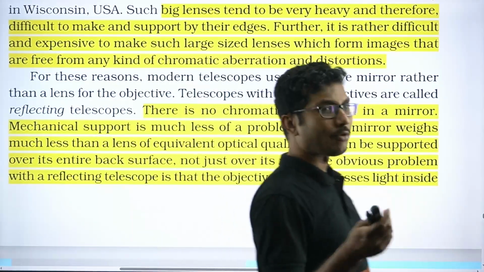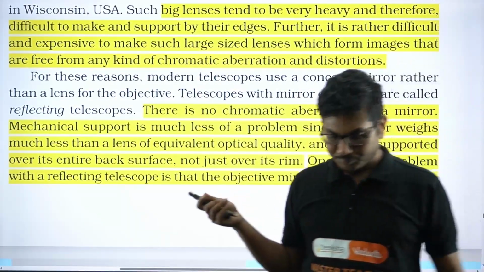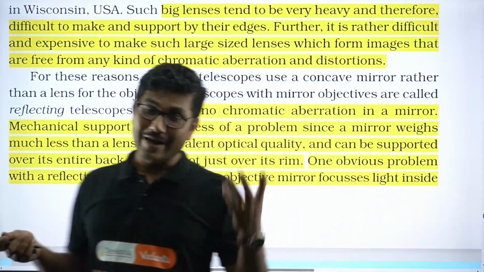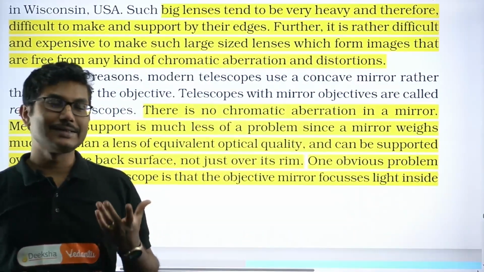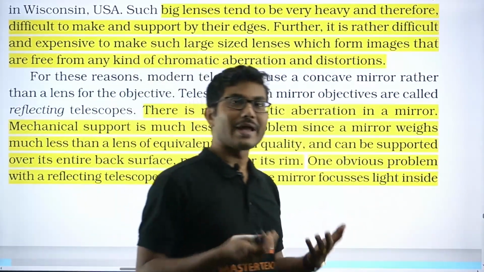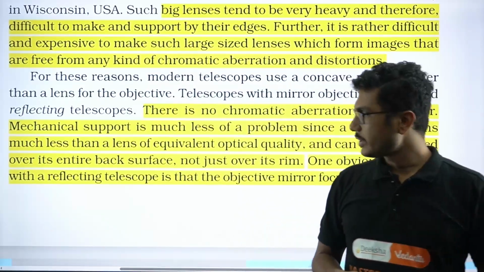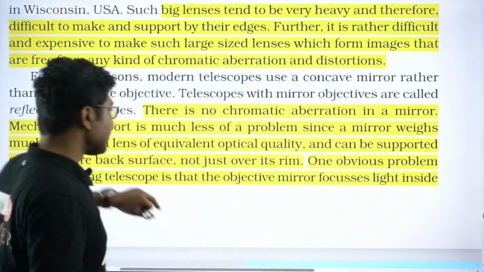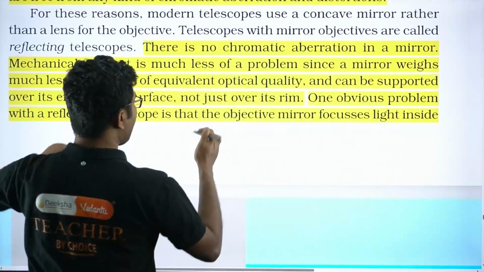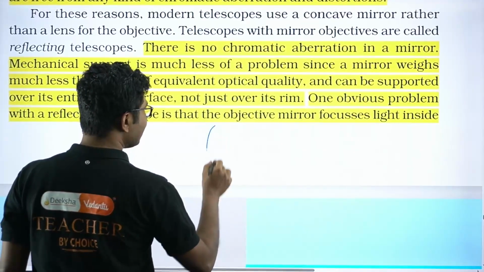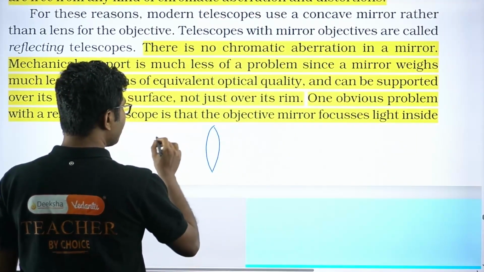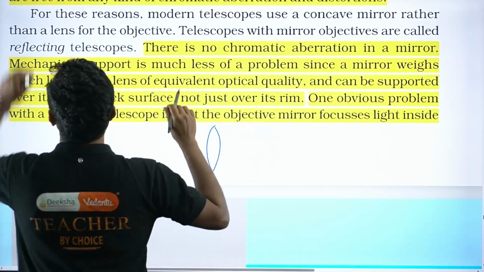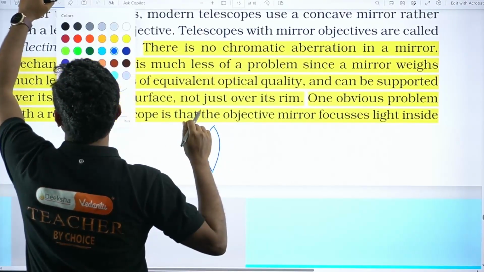So one main problem about refracting lenses is that different colors refract by different angles. If you consider, say, a convex lens, mainly convex lenses are used, as you have seen in telescopes. Suppose I am using a red light. Let me use the color so it will be helpful for you.